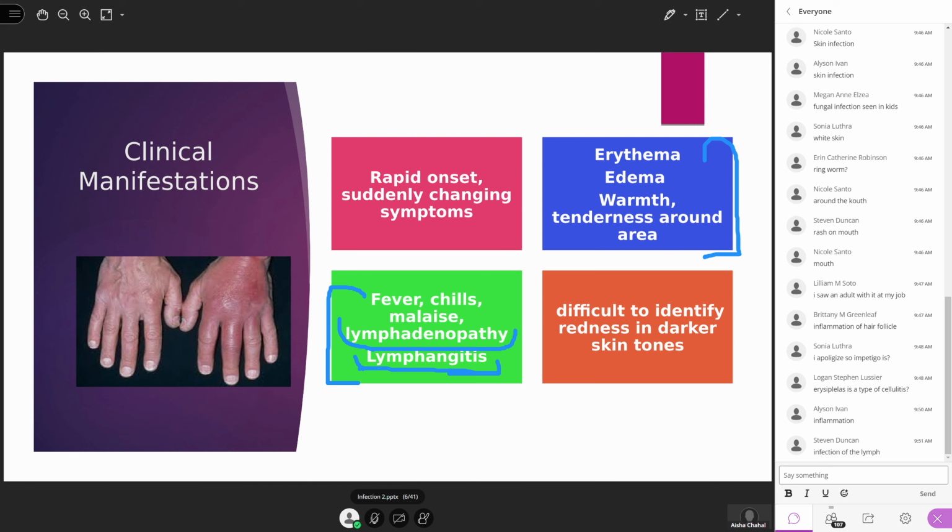So in all these infections that we are discussing, the lymphatic system plays a major role along with the circulatory system. Imagine a patient has a soft tissue infection just on the skin. How is it going to spread to the whole body?